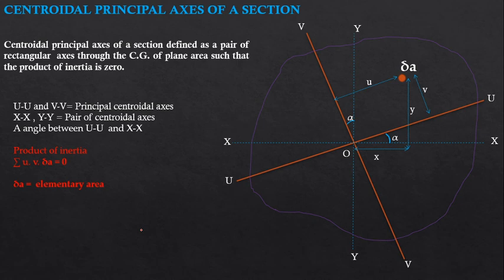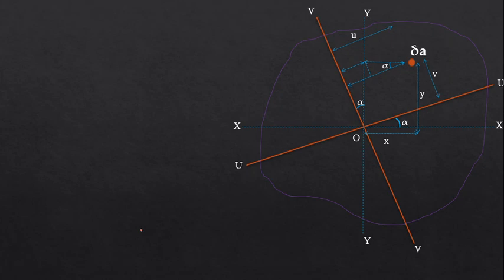The product of inertia will be the summation of u dot v dot del A. As I told you, del A is the elementary area. So we need to find the moment of inertia about the VV axis and UU axis with reference to the XX and YY axes.